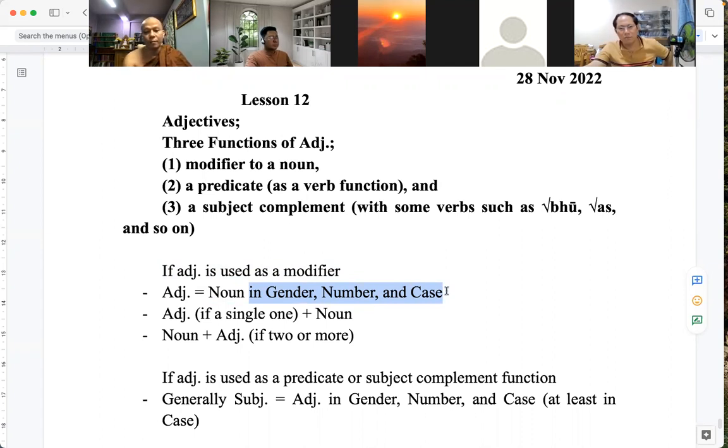If the noun is neuter, the adjective will also be neuter. And if the noun is masculine, the adjective will also be masculine. That means an adjective can be in three genders: masculine, neuter, and feminine, and based on the modified noun, its gender can change.